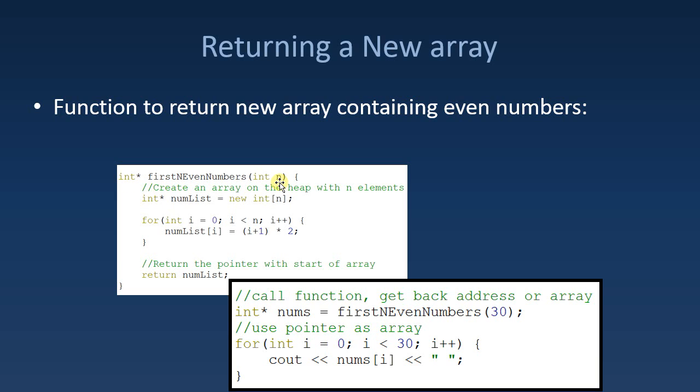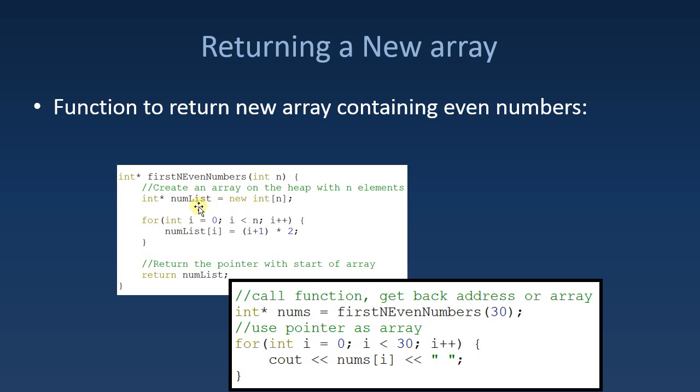And because we don't know until we get to the point where we're running this code exactly how big the array is, we have to create this array out on the heap. We also have to have it out on the heap so that when we return from this function, it doesn't get destroyed. So we do something like allocate a new array of ints of size n.